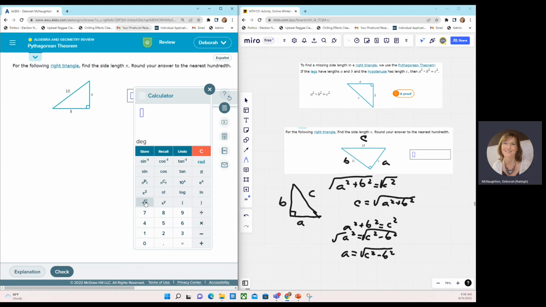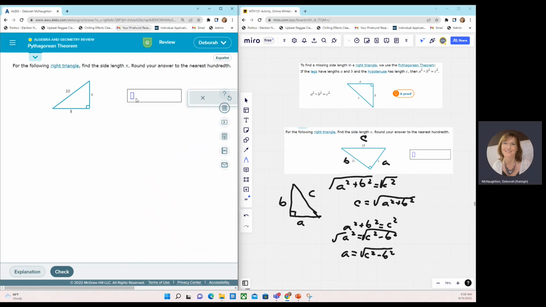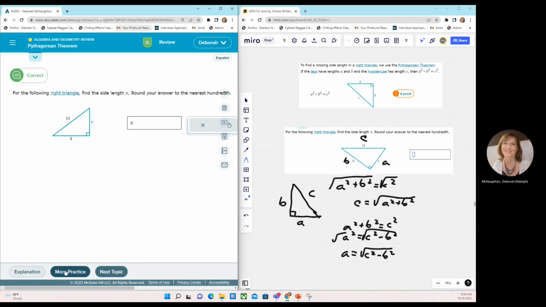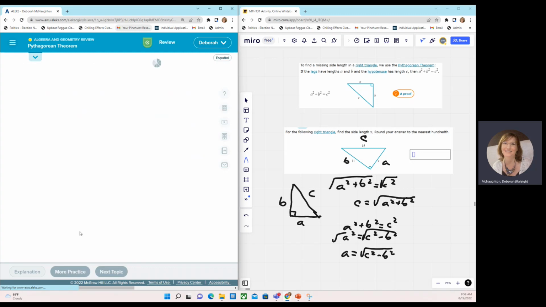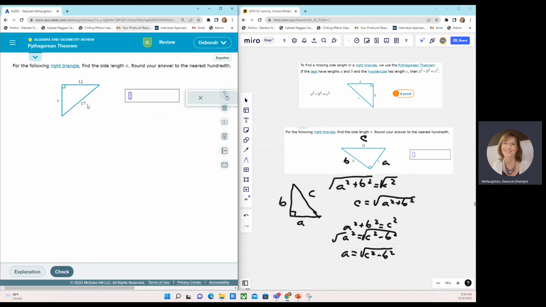So we put in the square root of 10 squared minus 8 squared, and that is 6. I wonder if this time it's going to ask me again to put in 6.00. Let me see if they give us one with a hypotenuse. Nope, every time they're asking me to find a side.